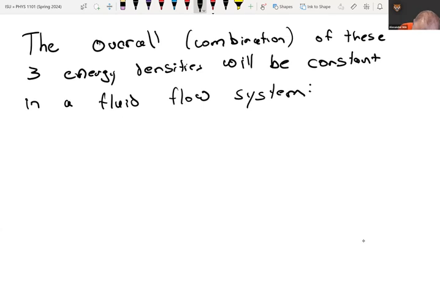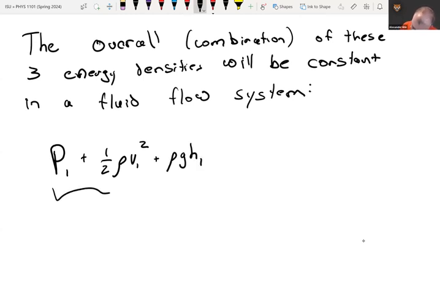Okay. And so for the Bernoulli equation, what you have is P1 plus 1/2 rho V1 squared, so this is at location 1, plus rho g h1. So these are all at location 1.